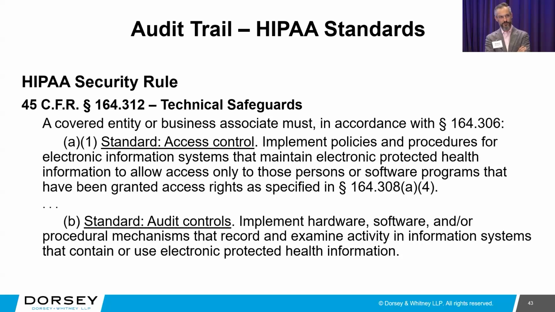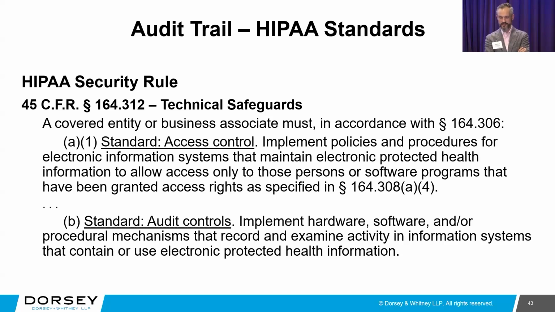The audit trail comes up through HIPAA's security rule, which sets forth a bunch of security requirements, again, to safeguard privacy in medical records. And what it basically says, and I've excerpted the regs here, is you've got to have access controls. And then subpart B here talks about audit controls.